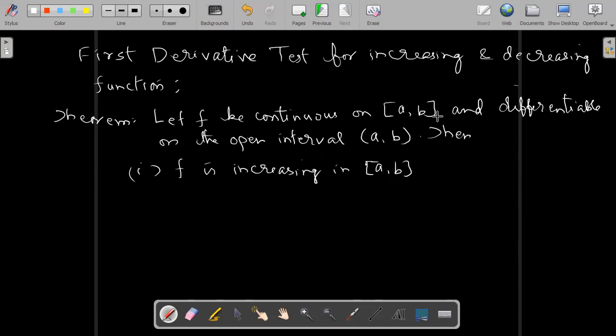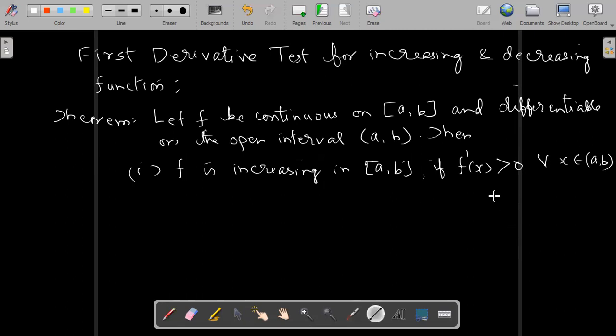It is increasing if we find the derivative at that point. f dash x means derivative, d by dx of f x. If the derivative is greater than 0 for all x belongs to the open interval AB, then f is increasing.